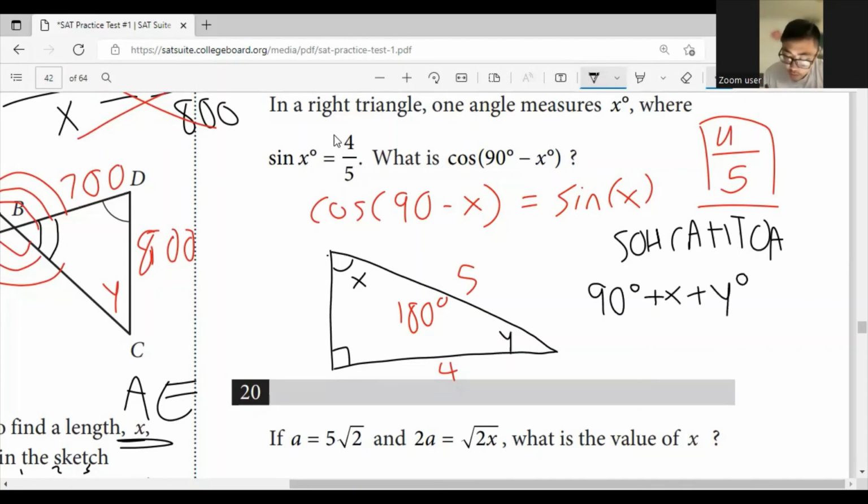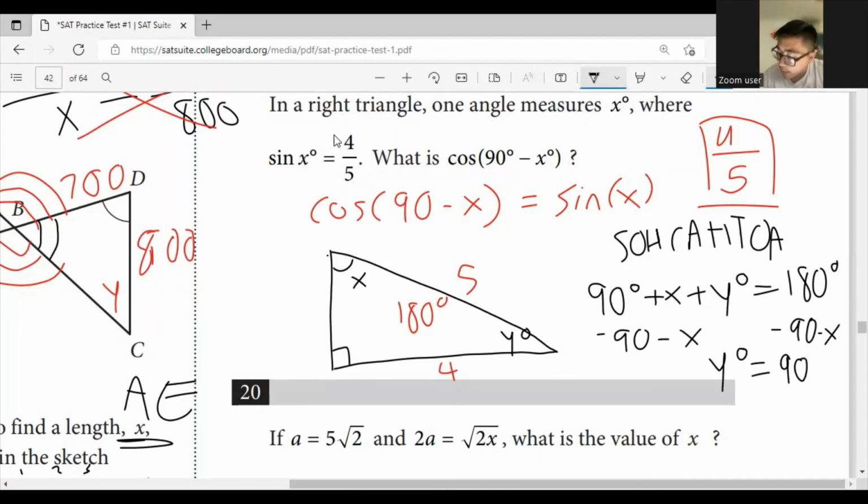Let's call this angle y, equals 180 degrees. Now I'll solve for y. So I could subtract 90 and subtract x on both sides. I have y degrees equals 90 minus x. So now let's substitute that in. Y is now equal to 90 minus x degrees. Let me write degrees here.